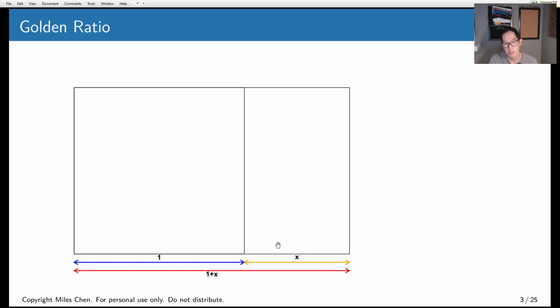That is to say that the short side of the big rectangle has a length of 1, and the long side of the big rectangle has a length of 1 plus x. And then once you remove this square over here, now we have a smaller rectangle, and the short side has a length of x, and the big side has a length of 1, okay?